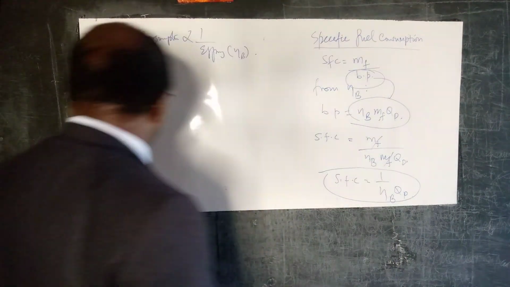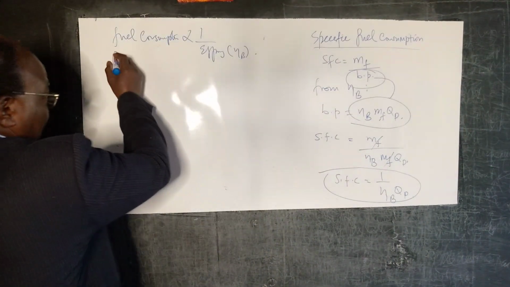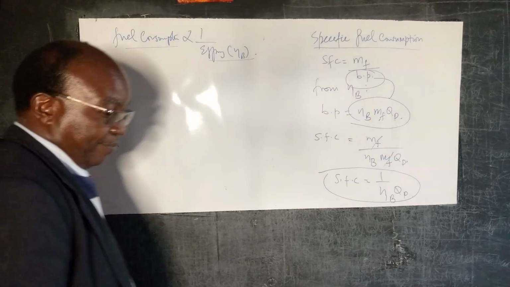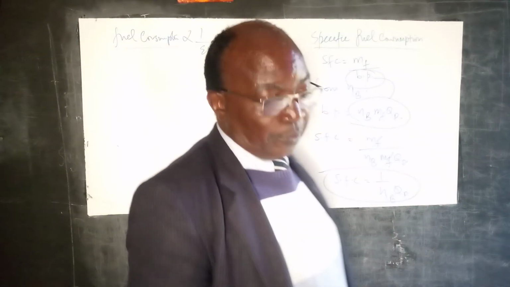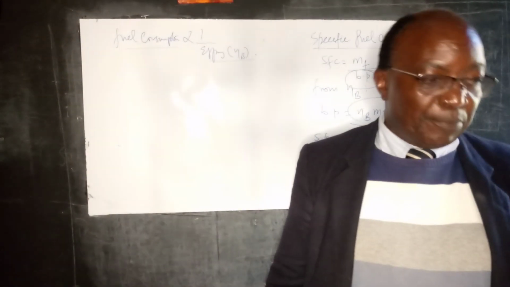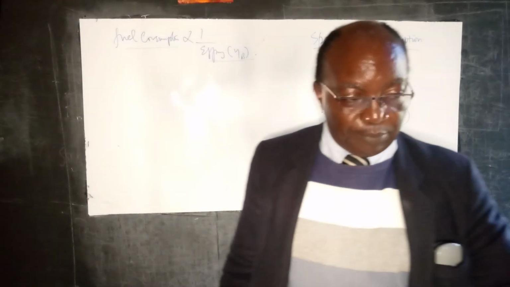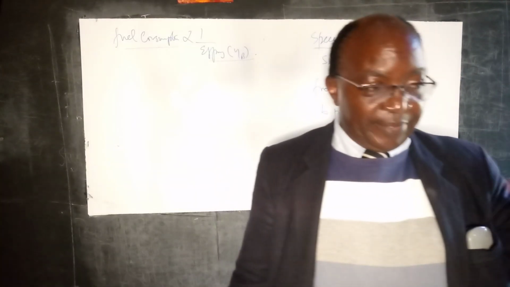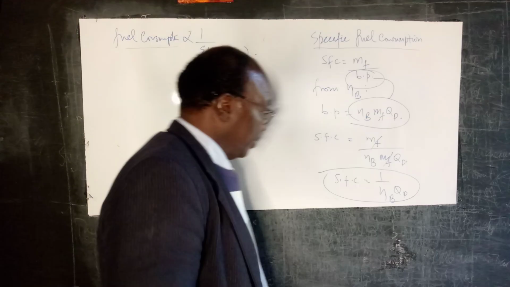Now, what are we looking at? We have seen that fuel consumption is inversely proportional to efficiency. In other words, if you have an efficient system, your fuel consumption should be reasonably low. If you have high consumption, then probably your system is inefficient.